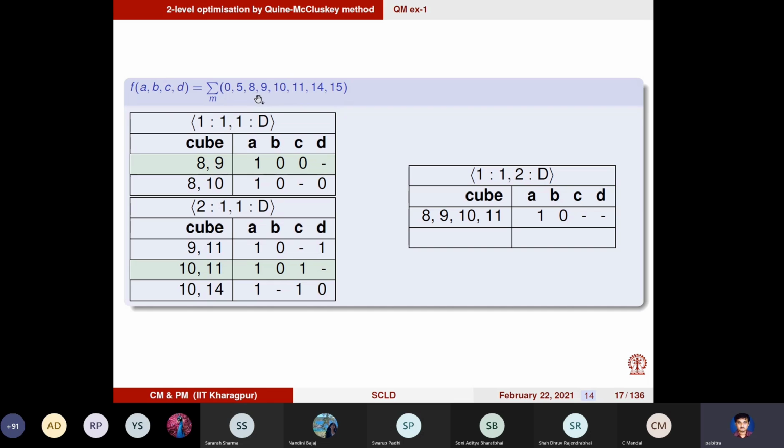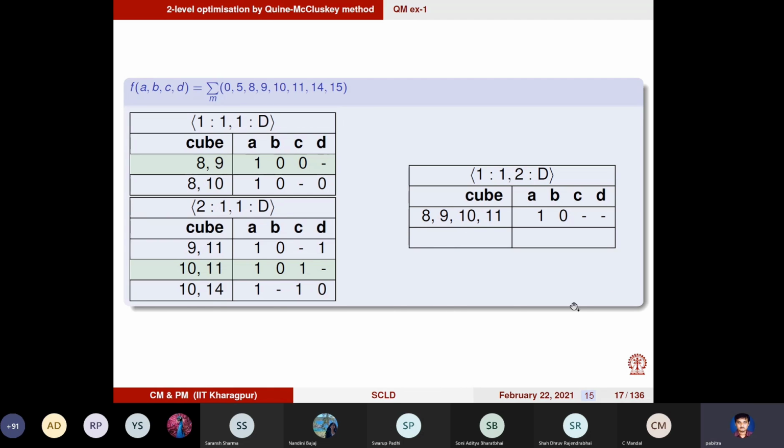So at the first level you check every pair that can be combined, in the sense that at least one variable can be dropped. Then after whatever can be combined, you form pairs. Then look at the set of all pairs. So it's like a tree structure we are building. Then look at all pairs, and see what pairs can be combined into cubes of size 4.